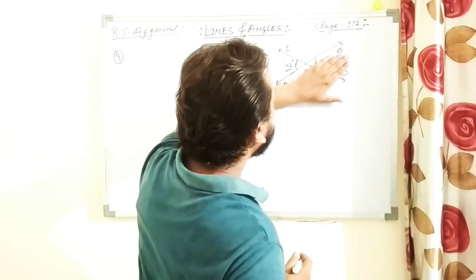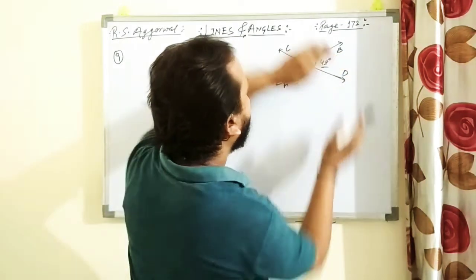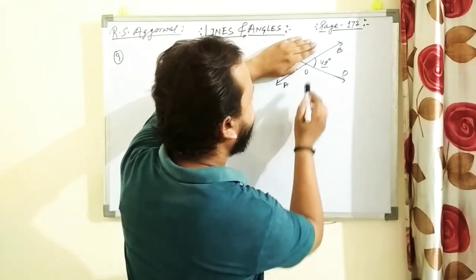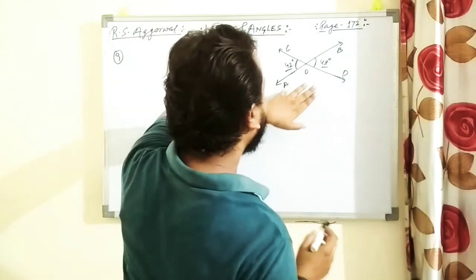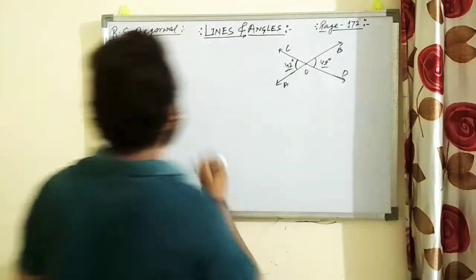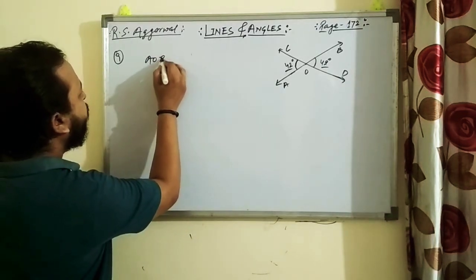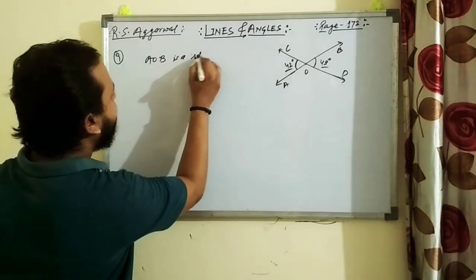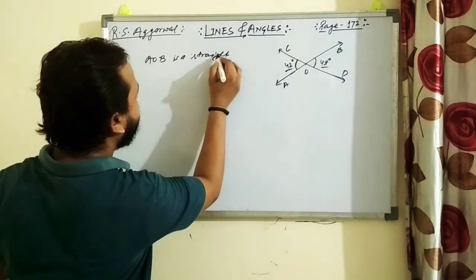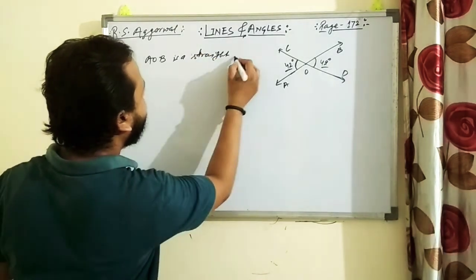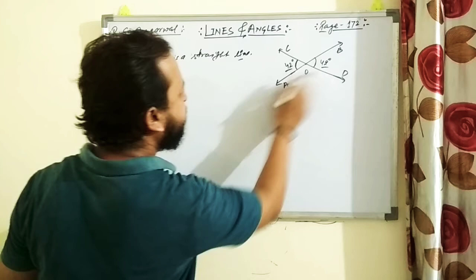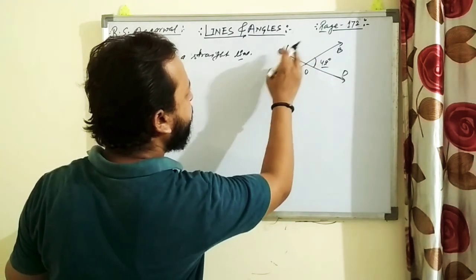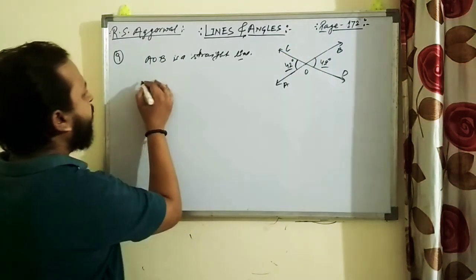Either you go for this, right, or you go for this. So I'm taking AOB as a straight line. If AOB is a straight line, sum of angle AOC plus COB is equal to 180 degree.